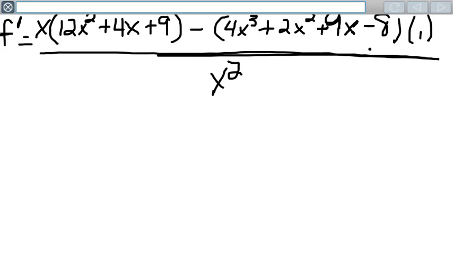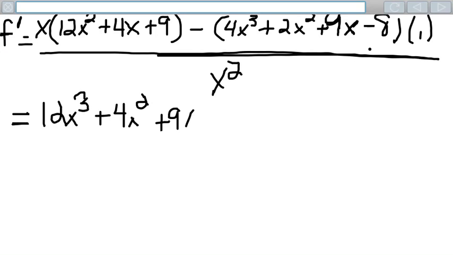Not going to give us that. I don't know what happened there. This software really stinks. But anyway, we're going to get 12x cubed plus 4x squared. That's a cubed up there. Plus 9x.